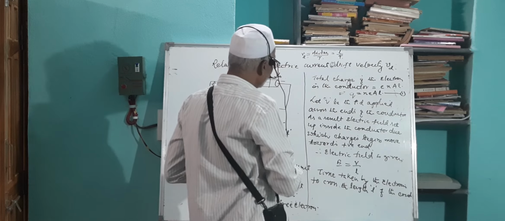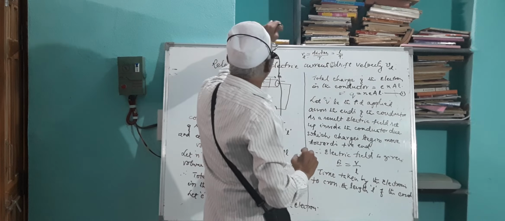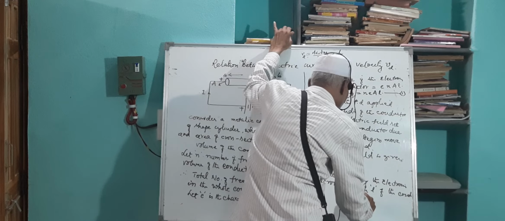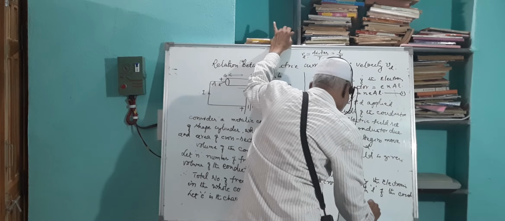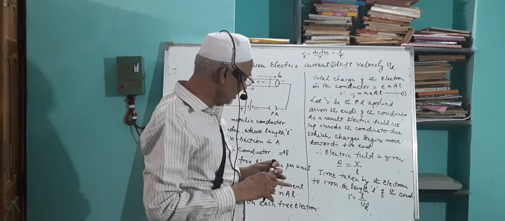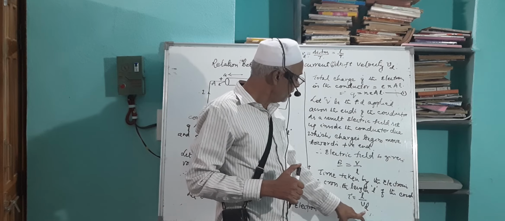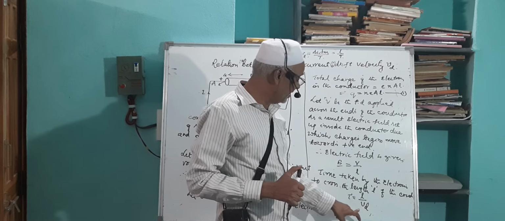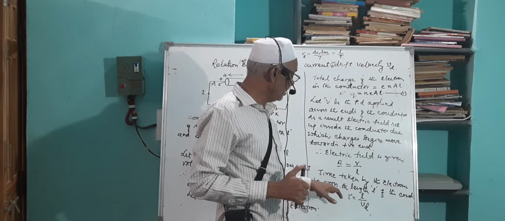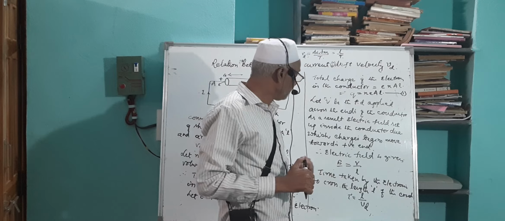Therefore the time taken by the electrons to cross the length L of the conductor is tau = L upon Vd, where Vd is the drift velocity. Drift velocity is the average velocity with which free electrons get displaced towards the positive end of the conductor under the influence of an external electric field.